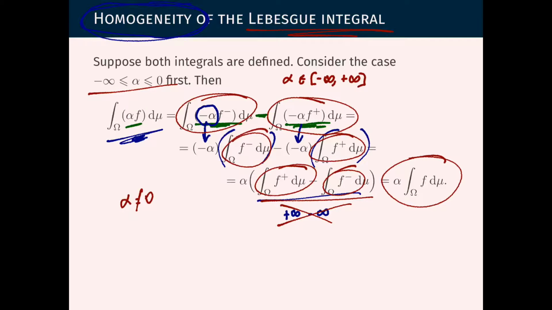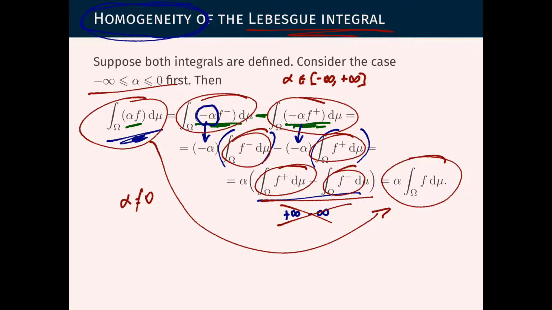Okay, as long as alpha is not 0, we can go from this being well defined to this being well defined. If alpha equals 0, this holds trivially as long as this is well defined. So the property of homogeneity for the Lebesgue integral assumes both integrals are defined. And we can go back from this. If both are defined and alpha is not 0, we have this identity, and this concludes the proof.